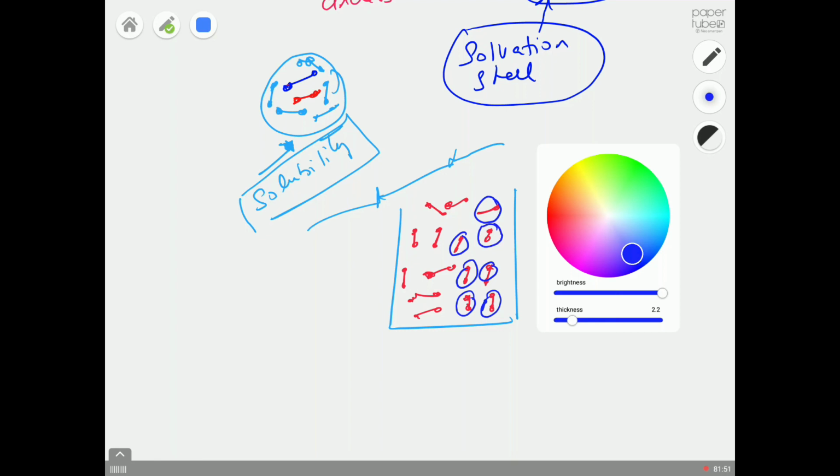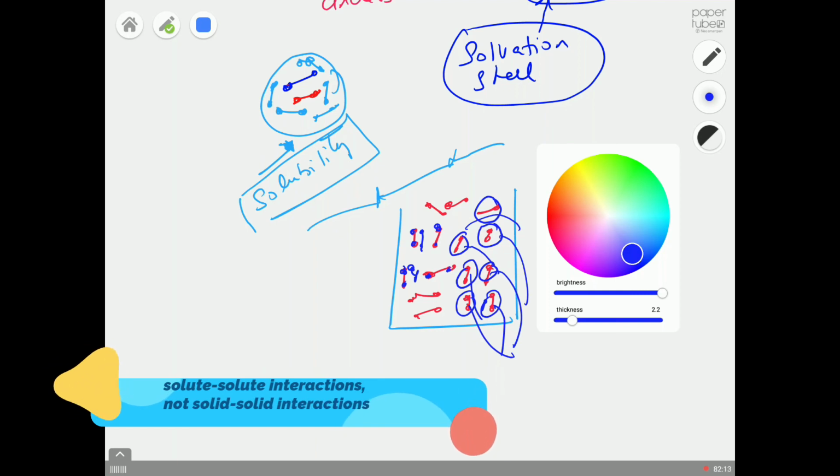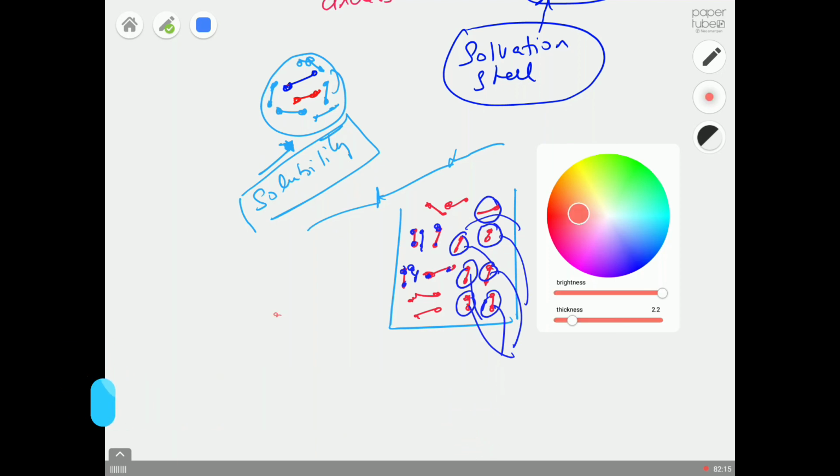Whatever molecules are covered by solvent, their concentration will be equal to your solubility concentration, and then you will have a lot of left-out API molecules here. So they will come together. In this case your solid interactions will dominate. Eventually all of your API molecules will come together, your solid interactions will be very high, and then they will settle into a perfect crystal.